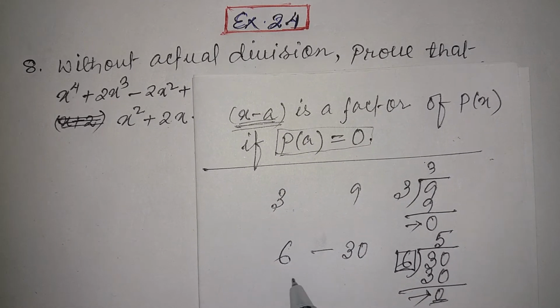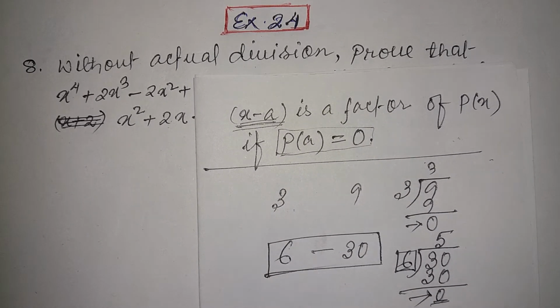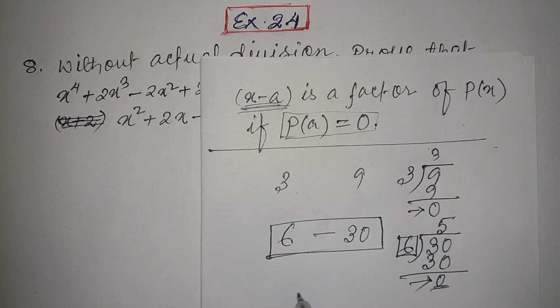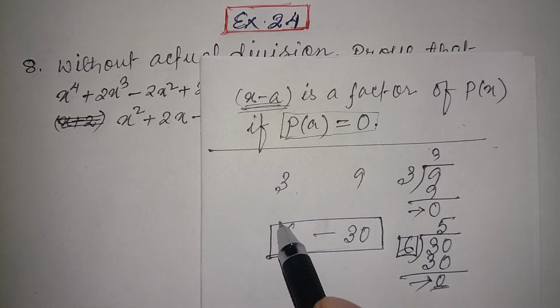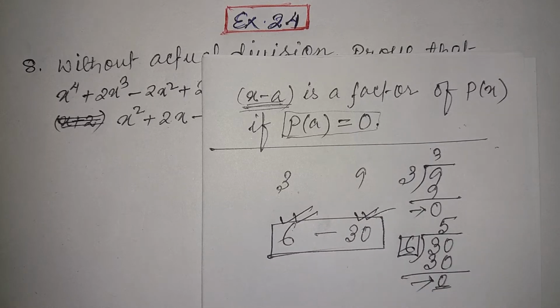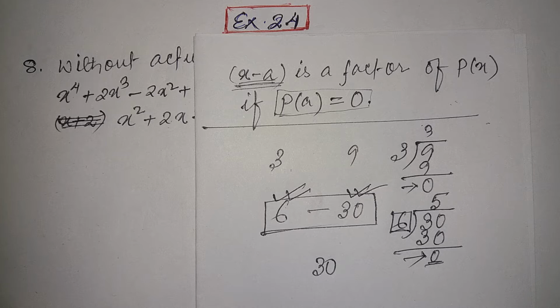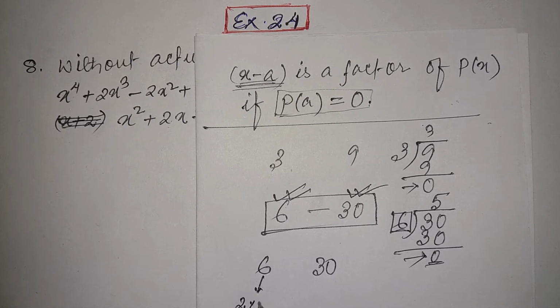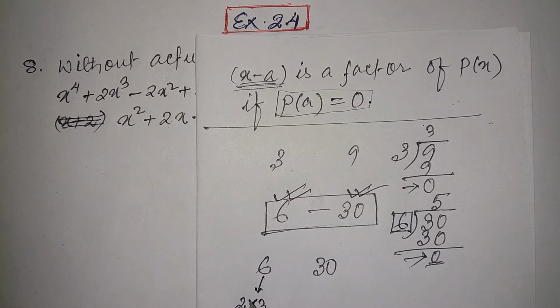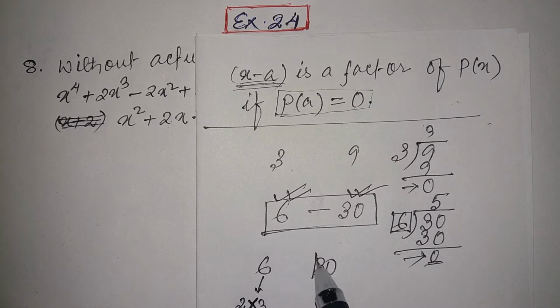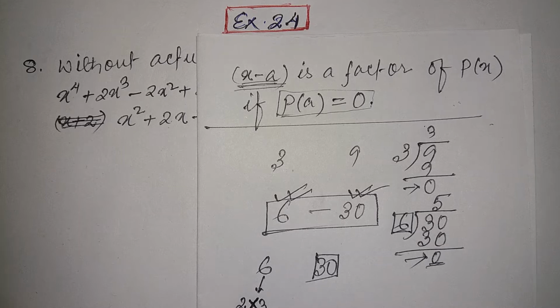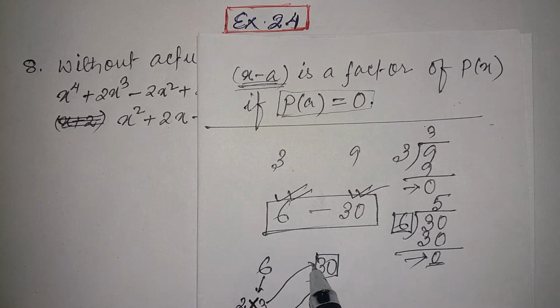And another very important thing that we're going to use here is, let's take this 6 and 30. Now 6 is a factor of 30. That means 30 is exactly divisible by 6. Now if we break 6 into its factors, 2 and 3, then we will find that 30 is exactly divisible by 2 also, and by 3 also.